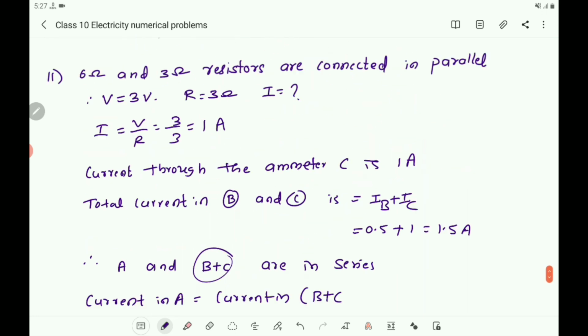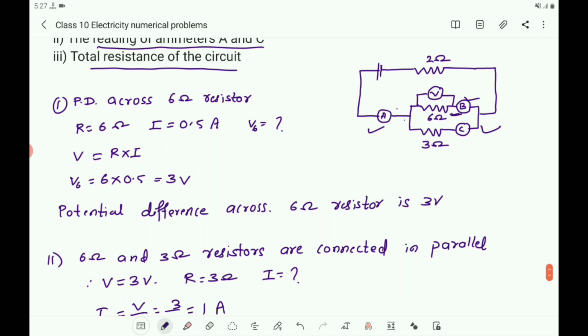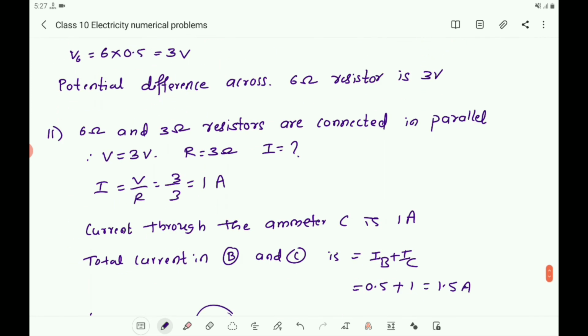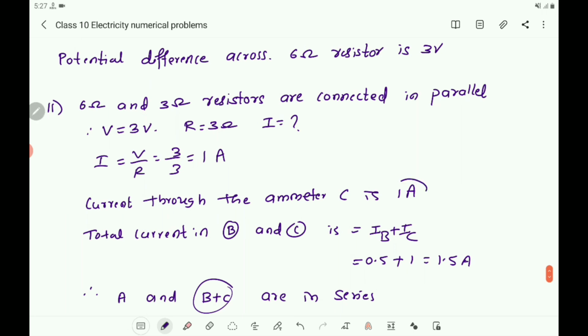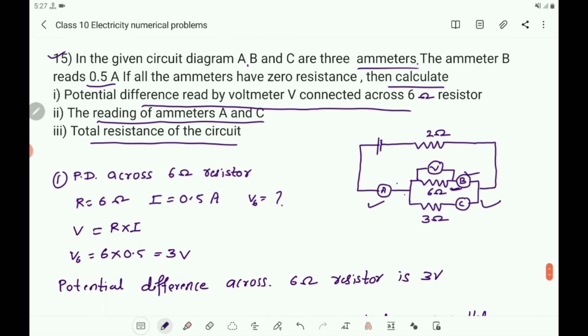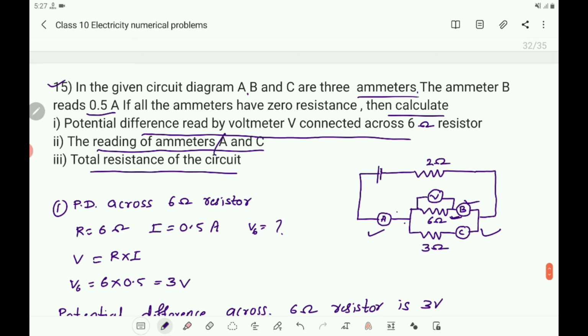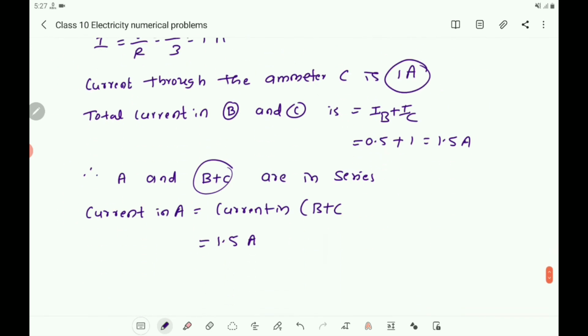Therefore you can say that here ammeter C shows 1 ampere of current, and ammeter A shows 1.5 ampere of current.